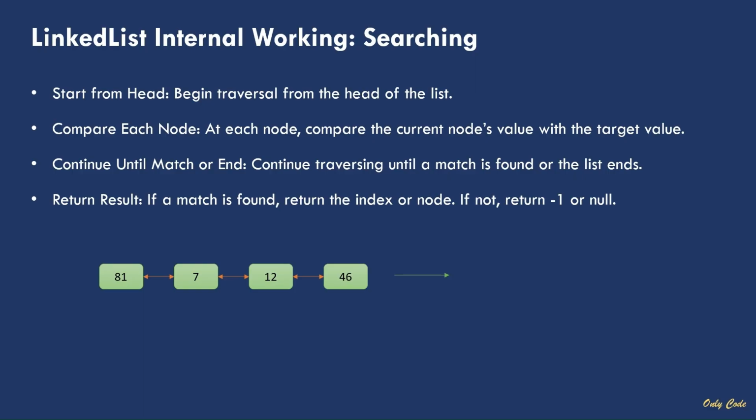Eventually, we reach the end of the list without finding the target value. As a result, we return -1 to indicate that 18 is not present in the list. The time complexity of this search operation is O(n), where n represents the number of elements in the linked list.